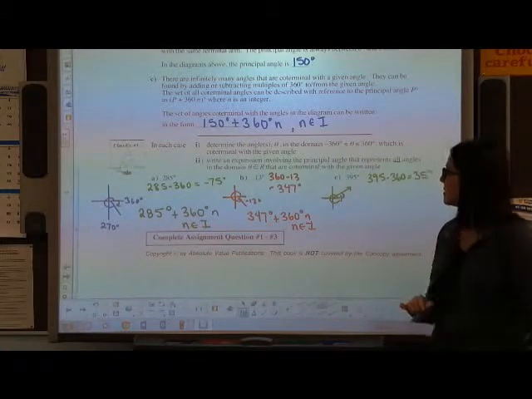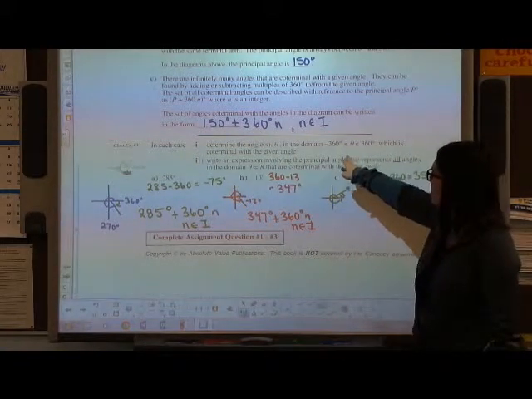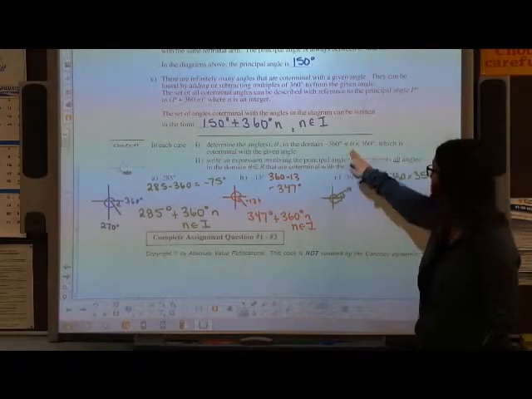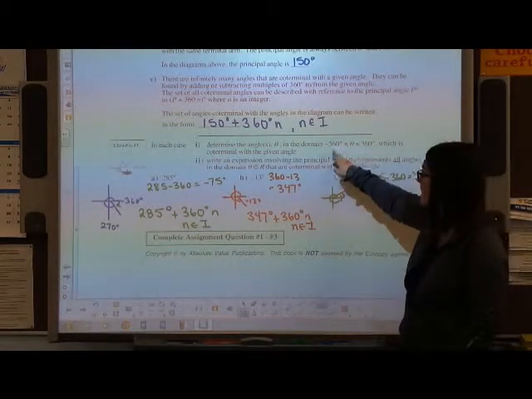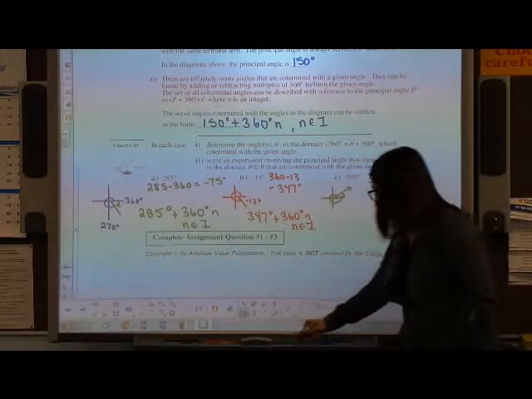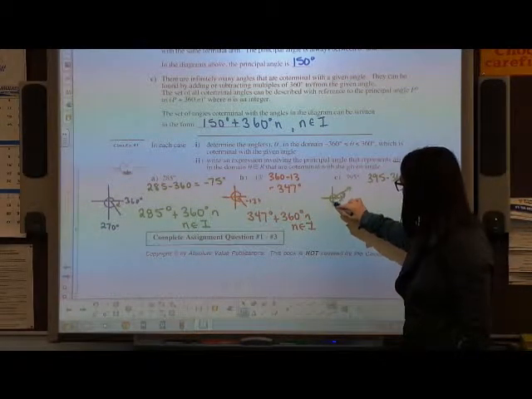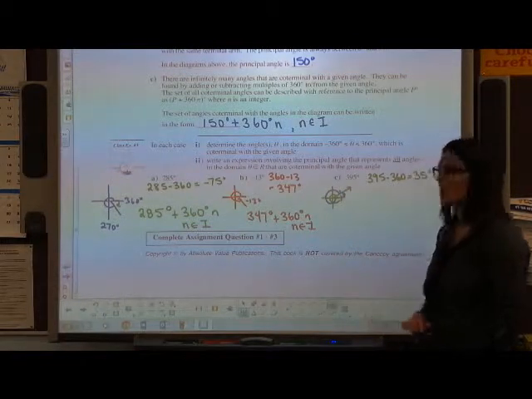Okay. And then we also have to determine an angle the negative way, because it says within the domain of positive 360 and negative 360. So this part in here is 35 degrees. What would that part here be?